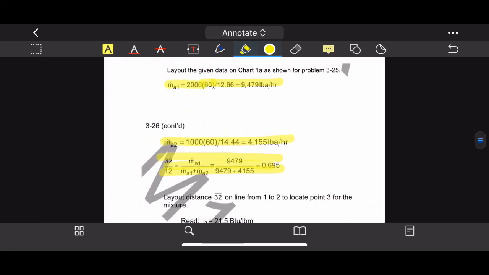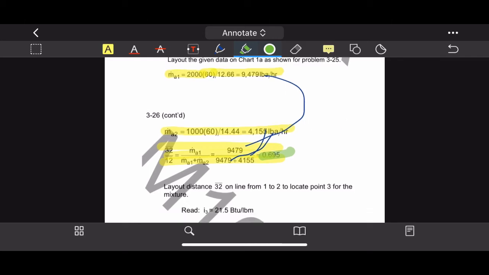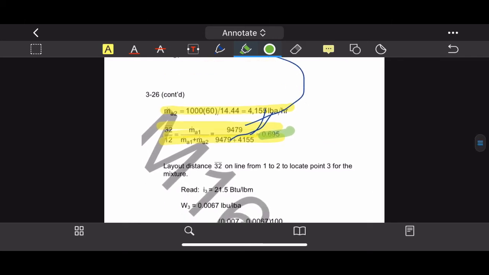Okay, so what you need to do is just to replace the values, and you get your answer, 0.695. The ratio between 3,2 and 1,2.